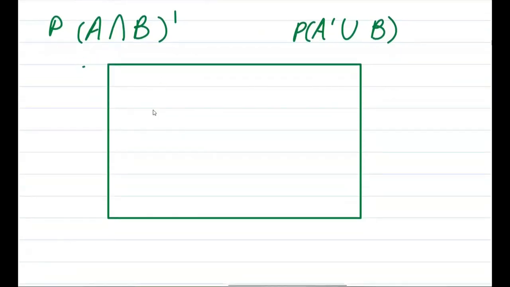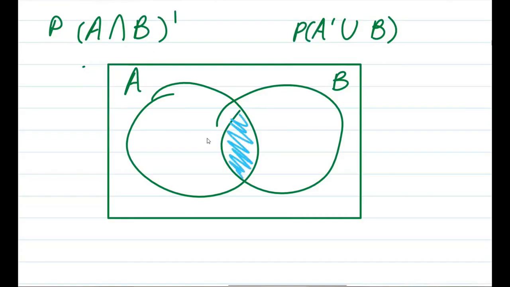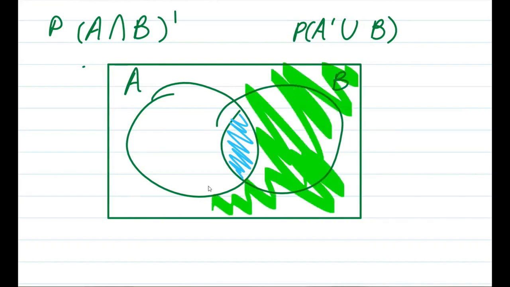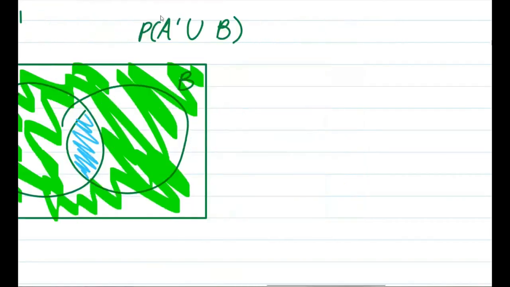Let's see. So we've got A, we've got B. So A and B is this over here, and not A and B is everything outside of that. So that's the one. Let's look at another Venn diagram and see if we get the same thing.